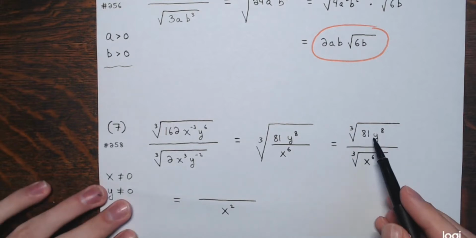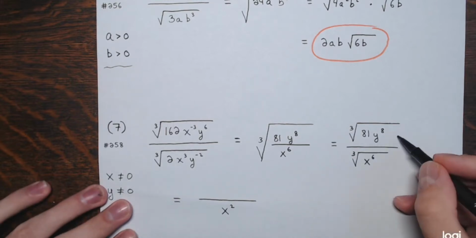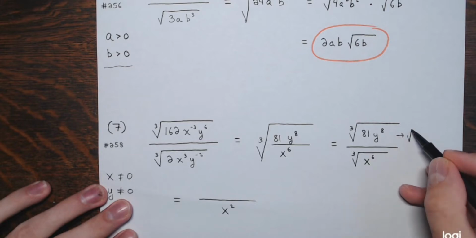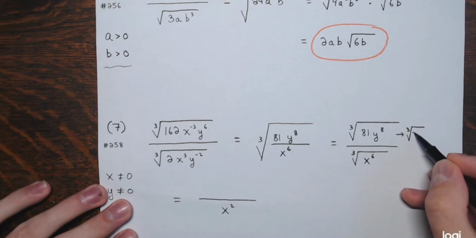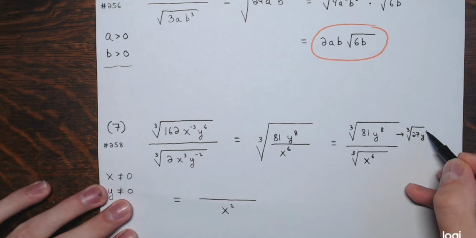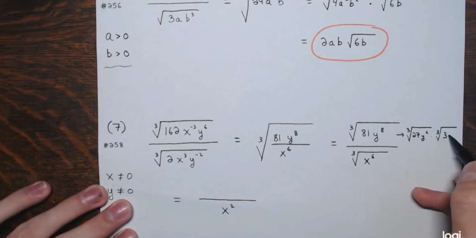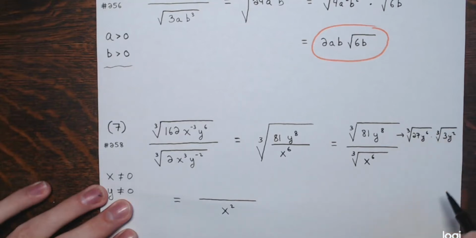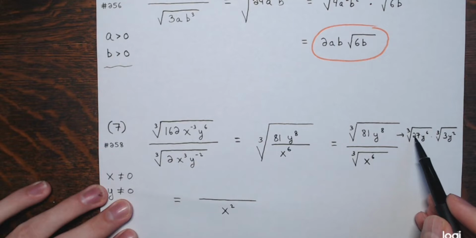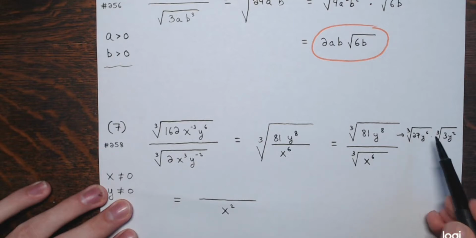The cube root of 81 y to the 8th, right, needs to be broken up to the cube root of 27 y to the 6th. Right, those are perfect cubes, times the cube root of 3y squared. Right, these are not perfect cubes, 3y squared. And the cube root of 27y to the 6th would be 3y squared.